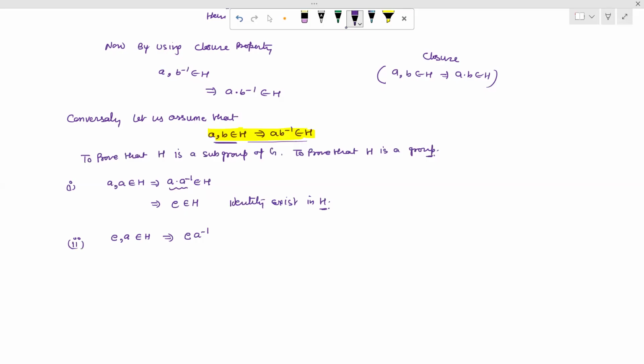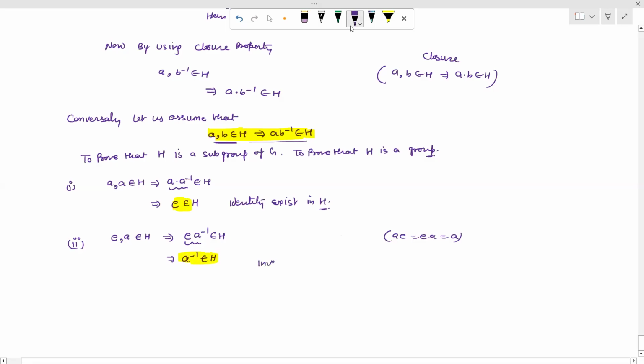So e a inverse belongs to H. By the definition of identity, a into e is equal to e into a is equal to a. So this gives us a inverse belongs to H. So this a inverse works as the existence of inverse. So inverse exists in H. So we have satisfied two properties: identity and inverse.